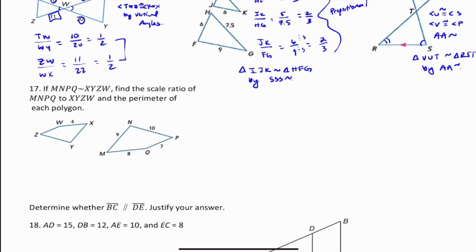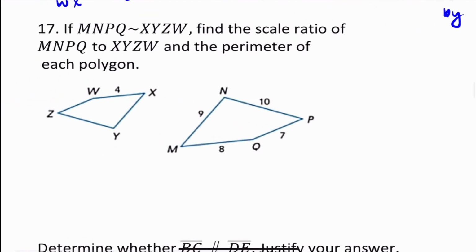17 says if MNPQ is similar to XYZW, find the scale ratio of those two figures and the perimeter of each polygon. Recall that the scale ratio is proportional to the perimeters of the two figures. What I like about this problem is that we can assume that these two figures are similar because it's already stated.